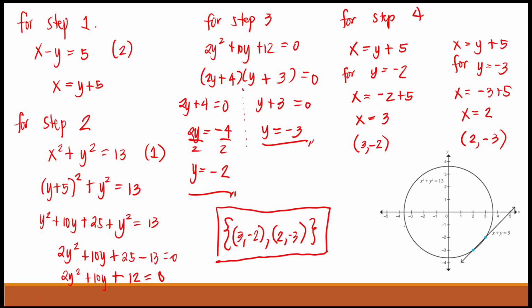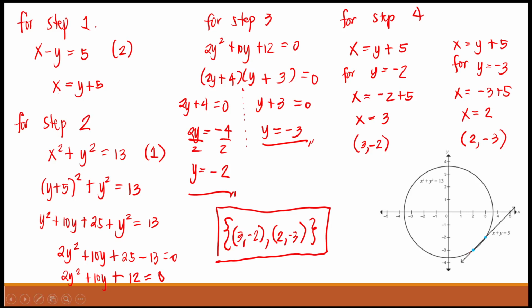And actually, if we graph the equation, as you can see, kanina pa lumalabas itong graph, x squared plus y squared equals 13 is a circle, and the line x plus y equals 5 is a line. And the solution set is actually the intersection of the two equations. So, nandun po, naka-indicate yung blue points.